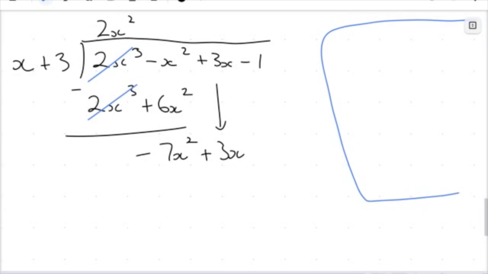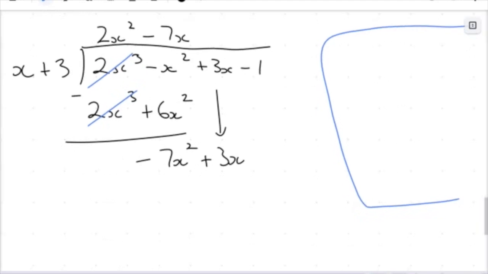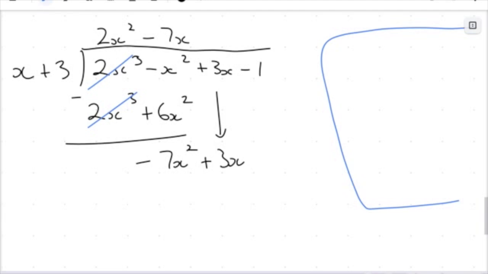Now we want to see how many times x goes into negative 7x squared. That goes into it negative 7x times. Okay, multiplying these through, negative 7x, we multiply that by this to get our next line down.